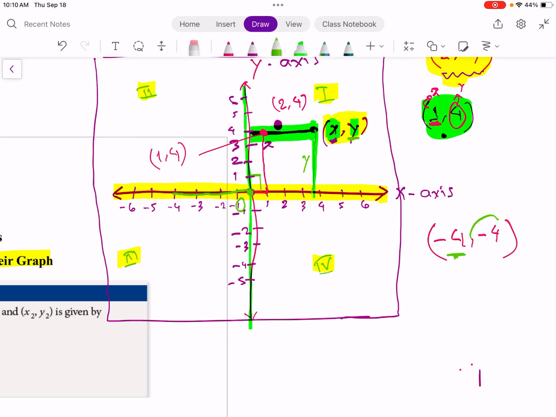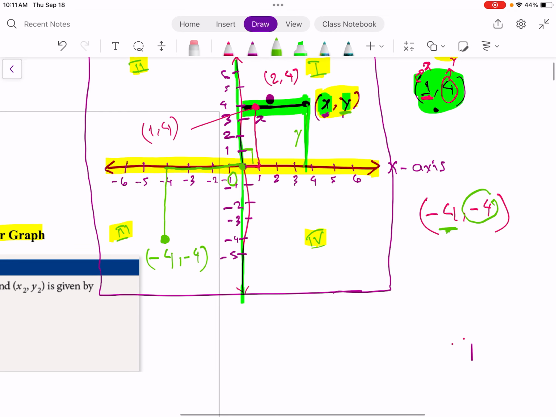Then our y is -4. Since it's -4, we move down 4 units: 1, 2, 3, 4. And this point has the coordinate (-4, -4). Any questions?